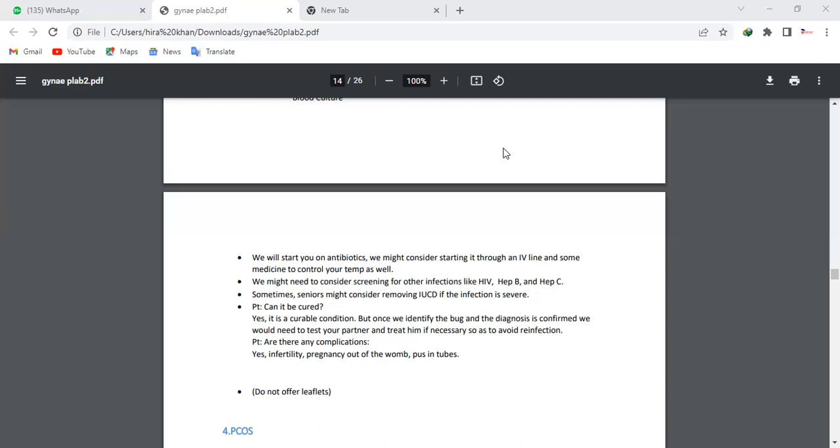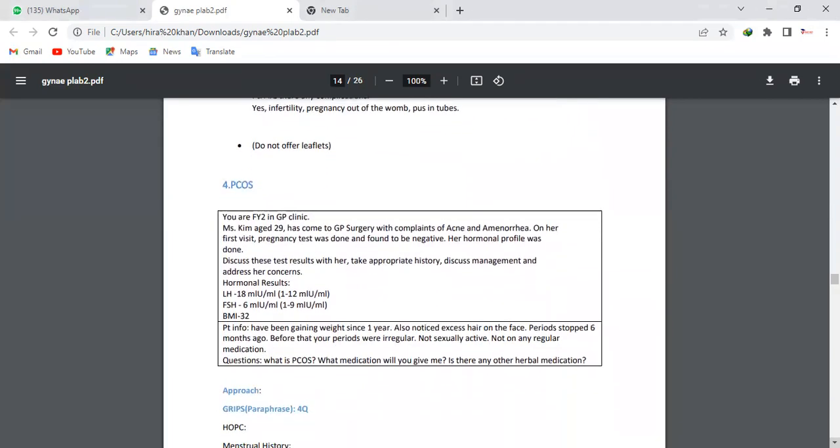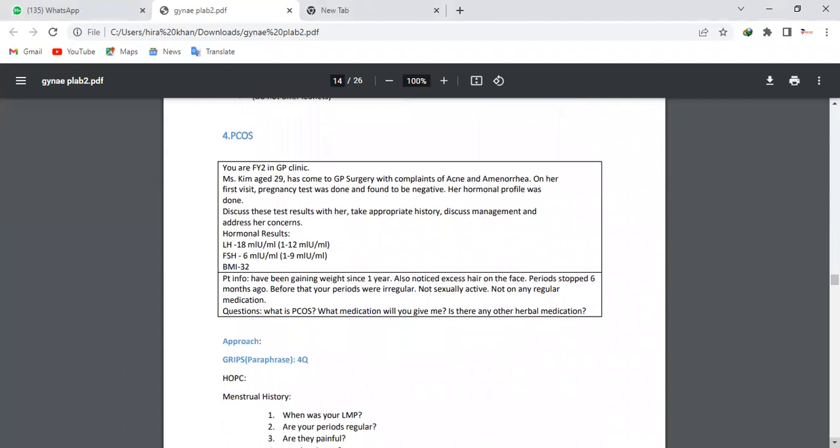If you do not know the right answer, your answer must be kind of a political answer, a statement that you are not going to be answerable for. So always be very conscious of the statements you give to the patient, and do not offer leaflets because you are going to admit the patient. That's it. And here involving a senior is very important because this is something serious.